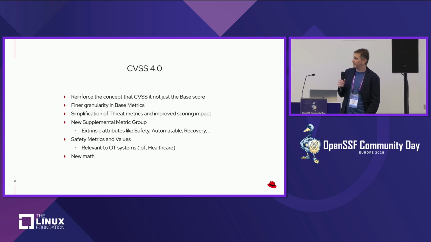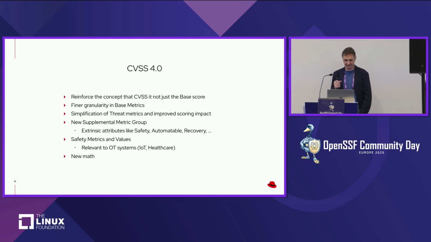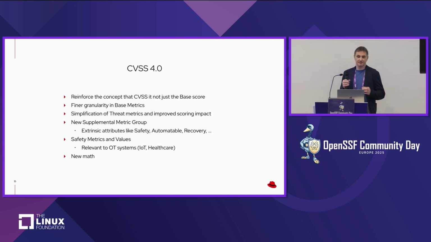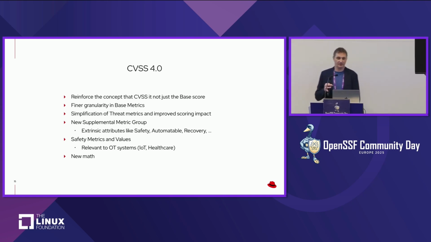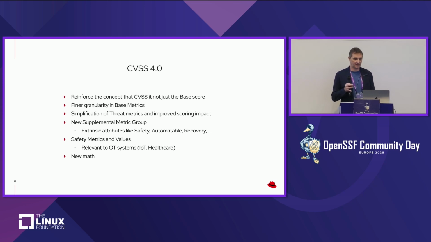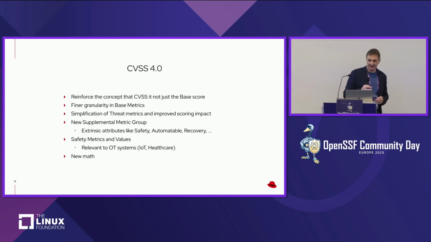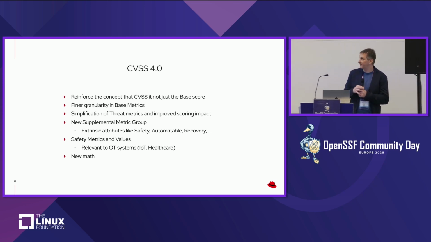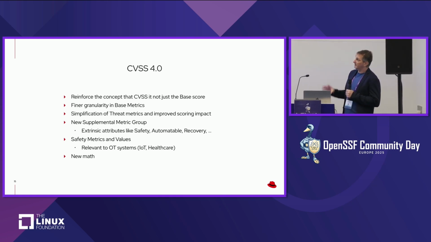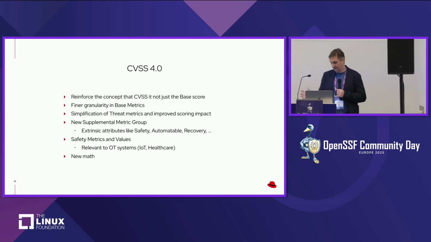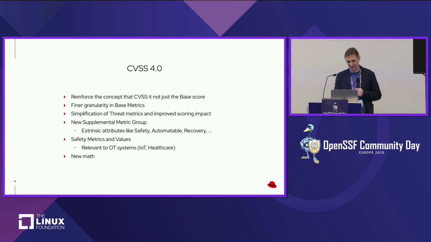So that was tried to be fixed with version 4 of the CVSS scoring, basically giving a finer granularity of the base metrics and trying to fix some of these issues, and coming with a little bit improved math, which we will not go into details about today.